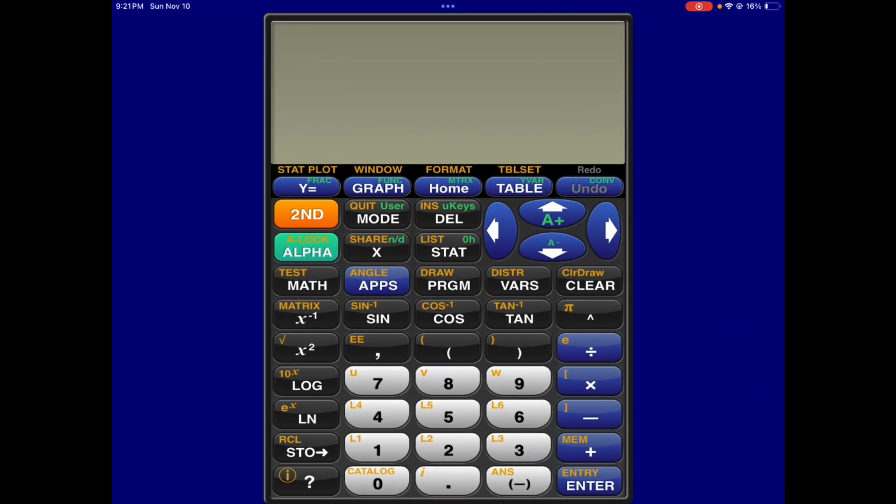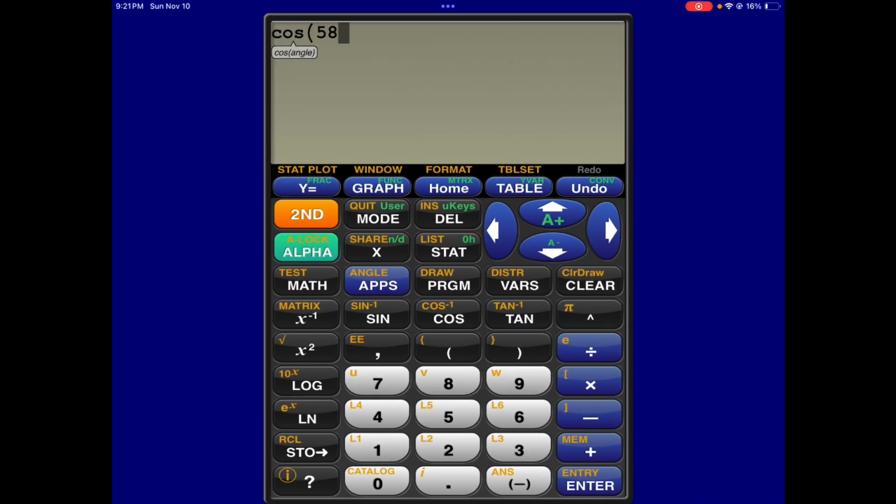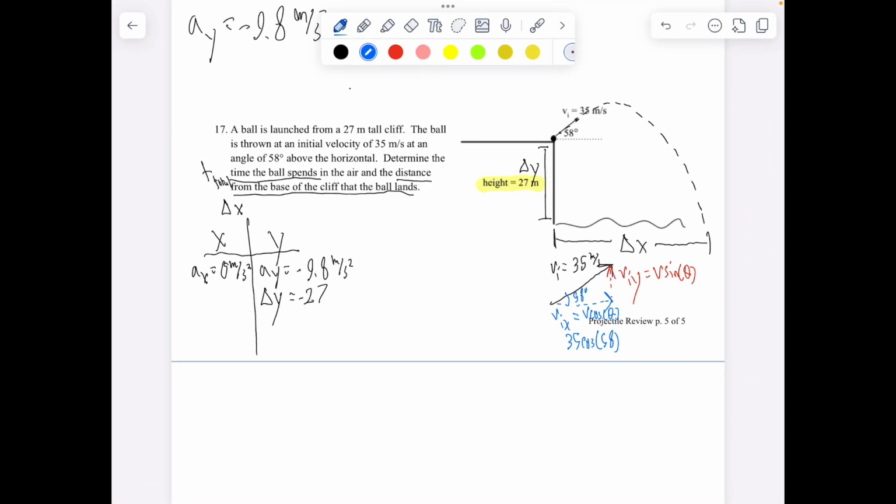So the angle, I've already forgotten, is 58. So we'll say cosine 58, and we're multiplying by that velocity 35. So 18.55. Velocity in the x, 18.55 meters per second.